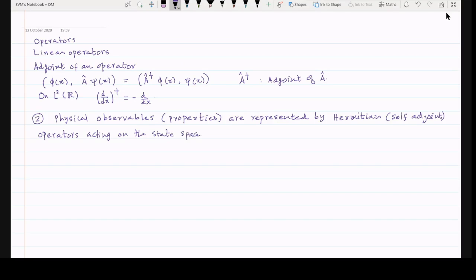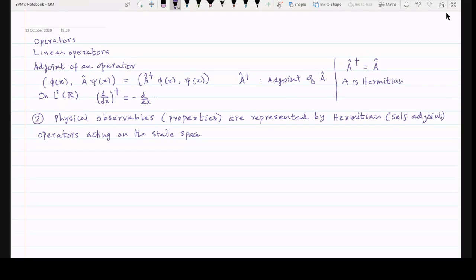That means if you have a situation where A dagger is the same as A, then we say A is Hermitian, or it is also called self-adjoint. So physical observables are represented by Hermitian operators.